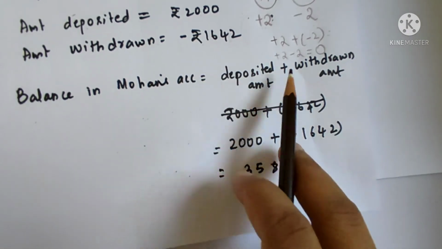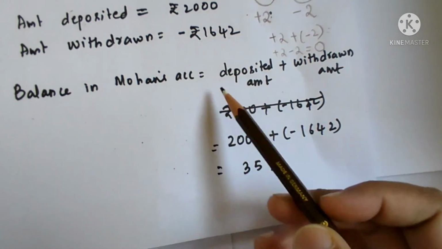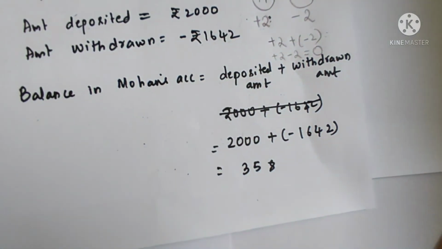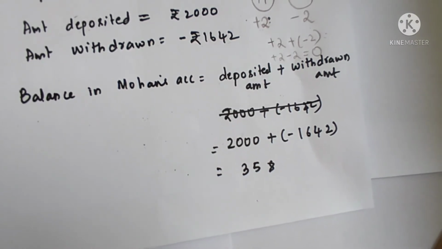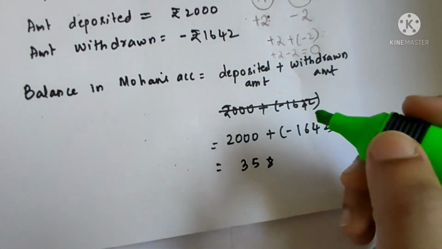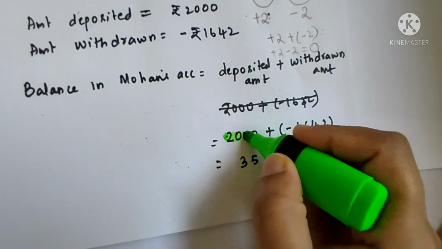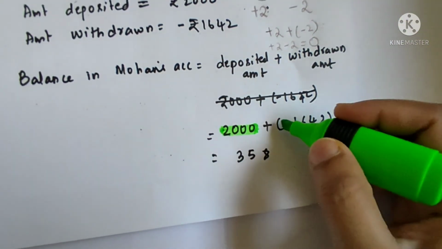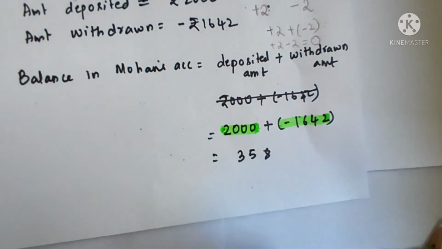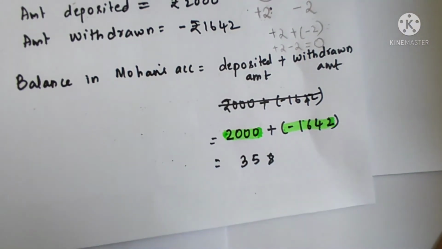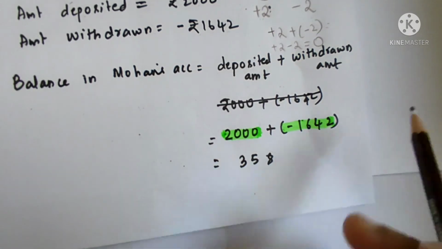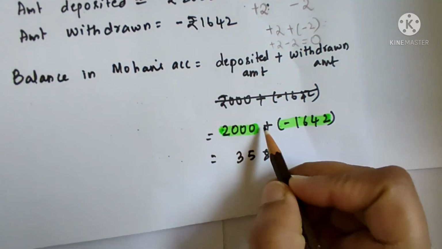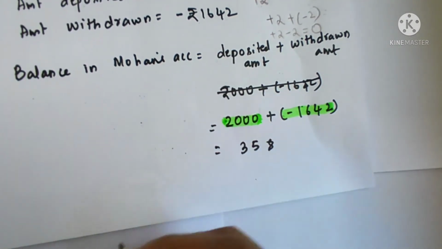It is deposited amount plus withdrawn amount. How much is the deposited amount? It is 2000 rupees. And how much is the withdrawn amount? It is minus 1642. And you also know that we have to sum it up. So I will write that plus here.